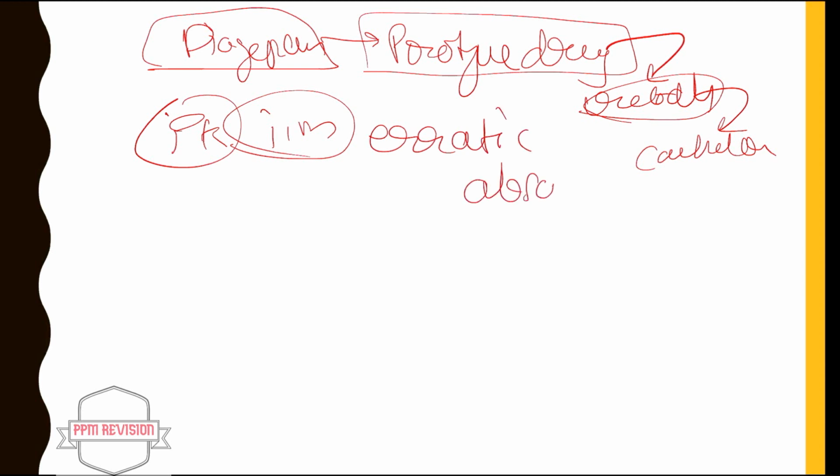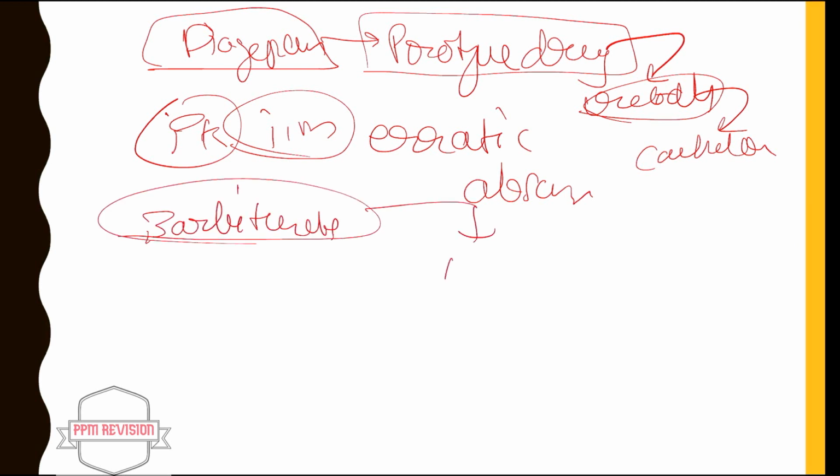Now moving ahead, we have the barbiturates. The barbiturates are non-selective CNS depressants, acting on many sites, and I forgot to tell you the main site of action of the barbiturates. The main site of action is the ARAS. So what is this ARAS? ARAS is nothing but the ascending reticular activating system.